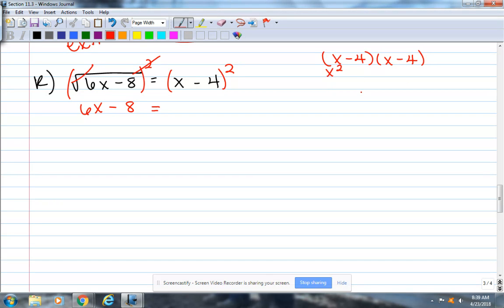X times negative 4 is negative 4x. Negative 4 times x is negative 4x. And negative 4 times negative 4 is positive 16. Combine like terms in the middle. X squared minus 8x plus 16. We did not get x squared minus 16, did we? No. So we're going to take that and put it over here where I wrote that down.